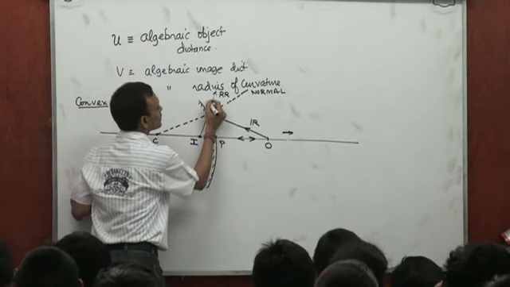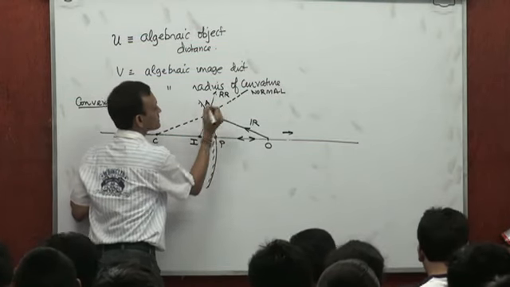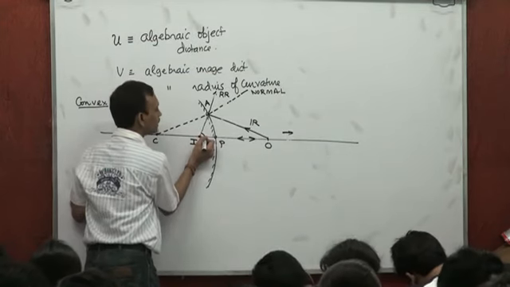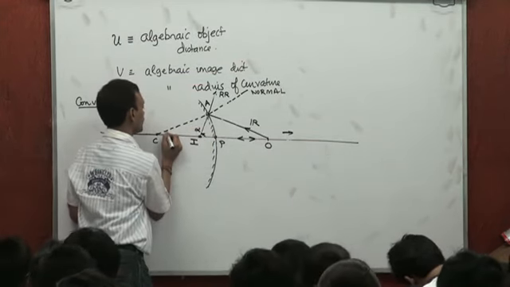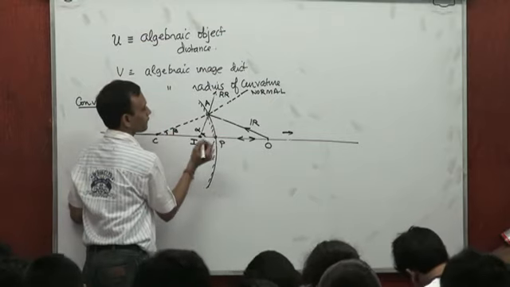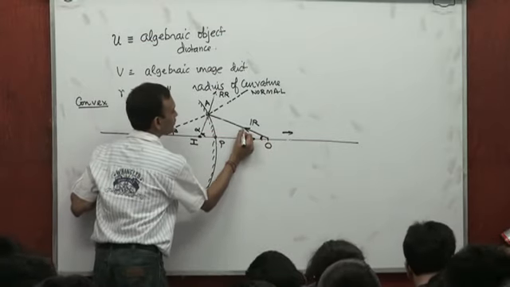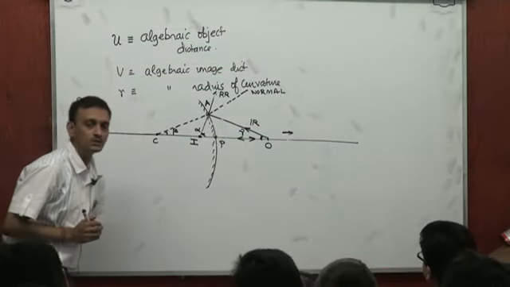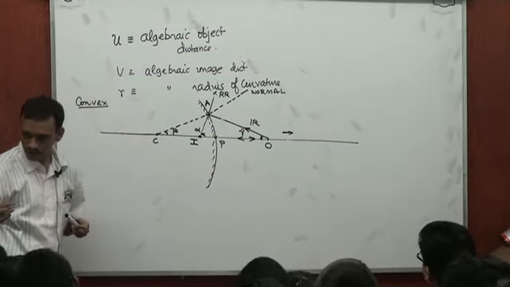So suppose the point of incidence is A here, and like before, let's say this angle was alpha, this was beta, and this was gamma. Alpha, beta, gamma are all very small angles, given that we are dealing with paraxial rays.